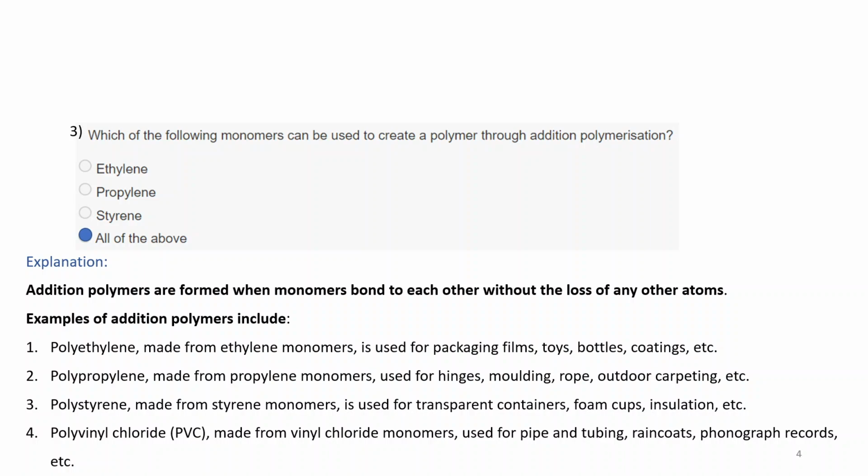It is made from vinyl chloride monomers, used for pipe and tubing, raincoats, photographs, records, etc.